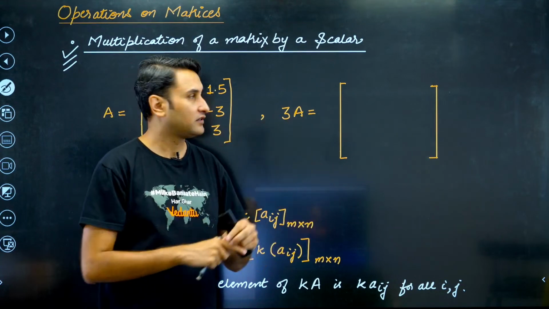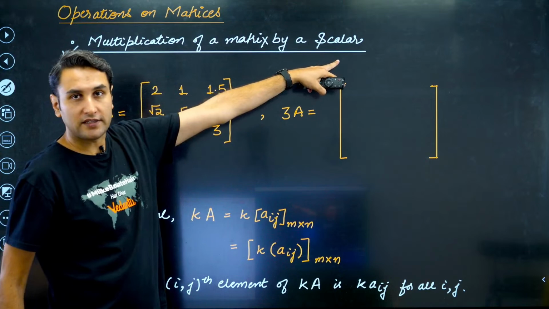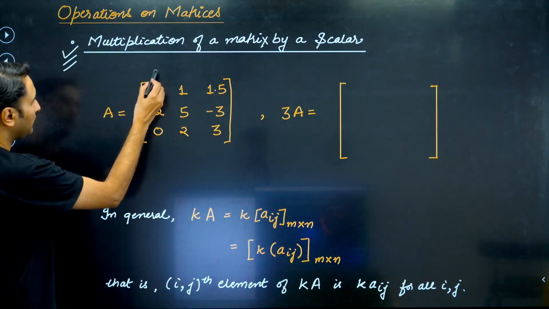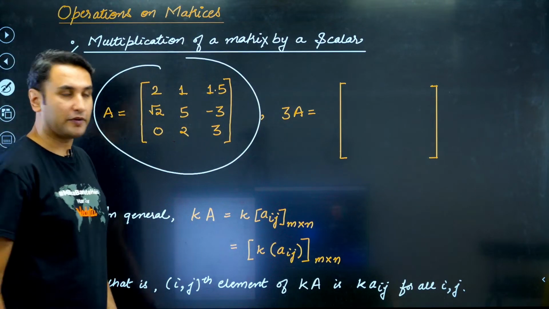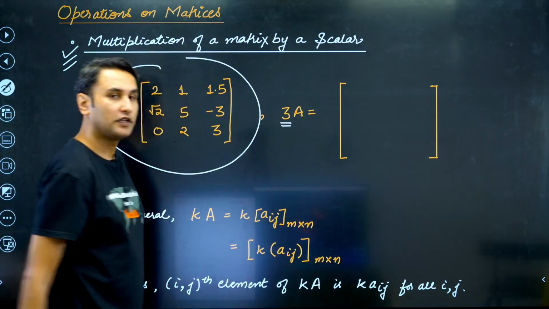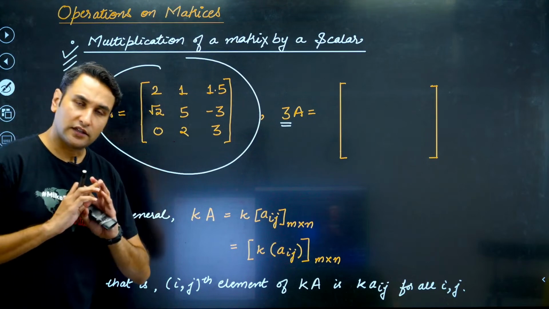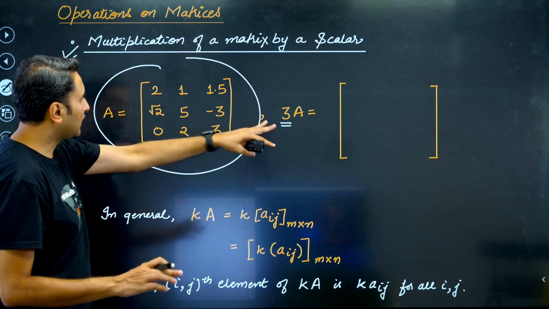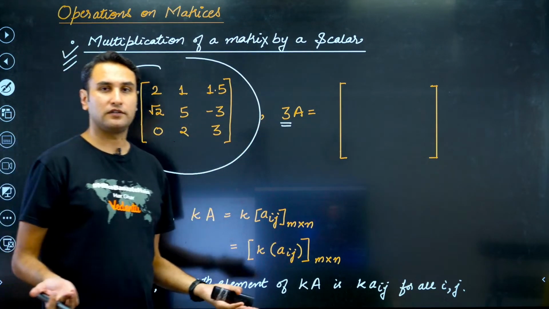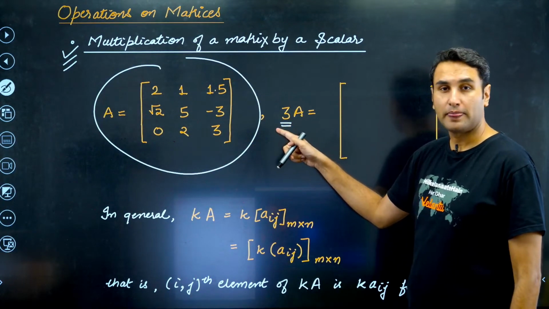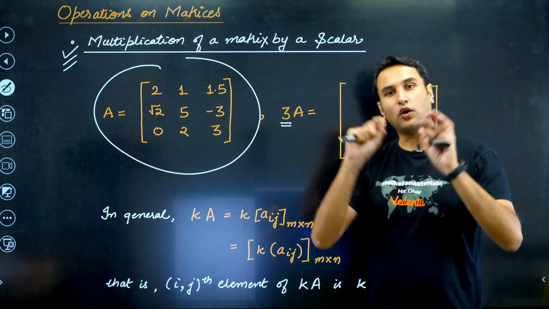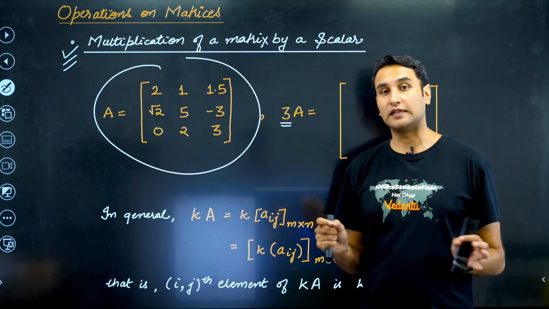It means if a matrix is given to you, what if I multiply that matrix by a number 3, by a scalar 3? It is as simple as saying multiply all the elements by 3. So when you are multiplying a matrix by 3, you are multiplying all the elements by the number 3.